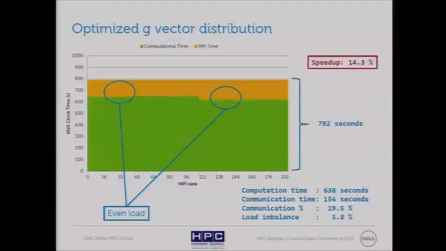If I then optimize it, and for this I changed the work distribution scheme in PARATEC, where I sort all the rods first and then I hand those out to the cores, then my load imbalance problem is gone. See, every core has the same amount of work to do.